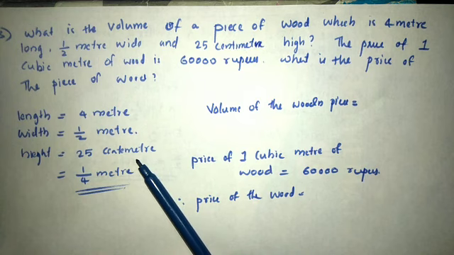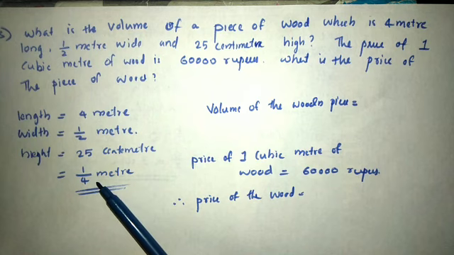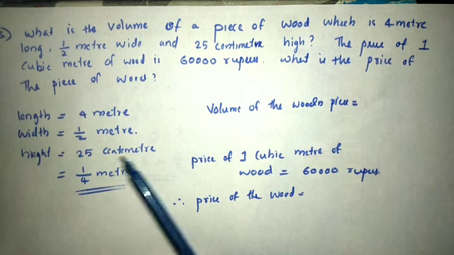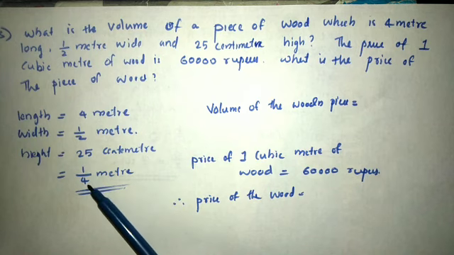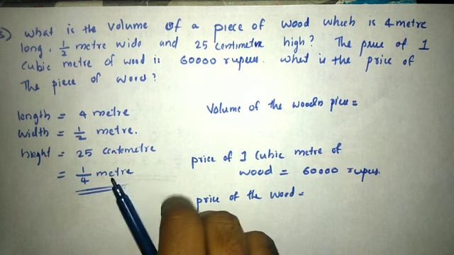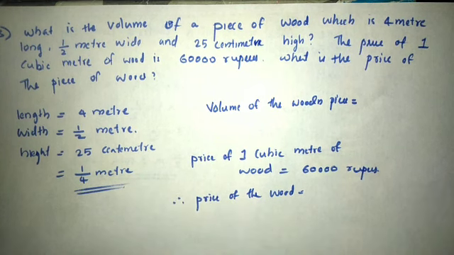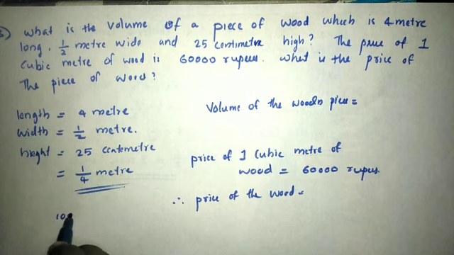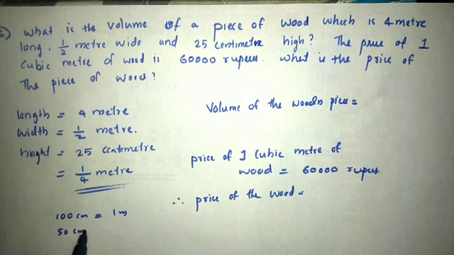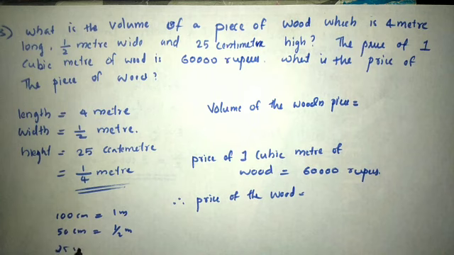25 centimeter, we want to convert that into meter. 25 centimeter is 1 by 4 meter. How do you get that? 100 centimeters equals 1 meter, 50 centimeters equals half meter, 25 centimeters equals 1 by 4 meter.